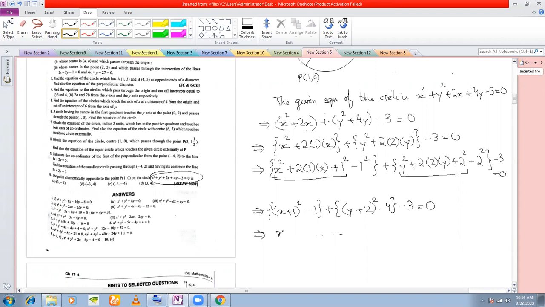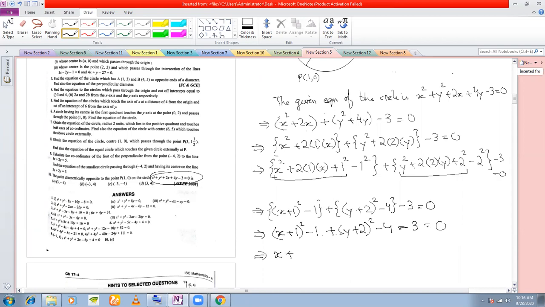Next, (x plus 1) whole square minus 1, open the brackets, plus (y plus 2) whole square minus 4, minus 3 is equal to 0.